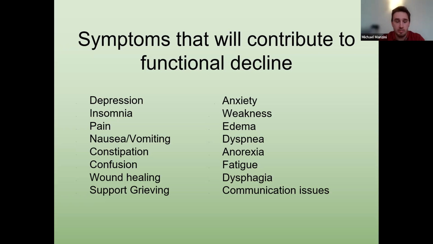From Sarah and I's perspective, we often explore the meaning of the symptoms with the individual, explore the impact these symptoms have on themselves as well as their caregivers, and investigate ways that these symptoms are stopping them from participating in their end-of-life goals and objectives in life. So, next slide.